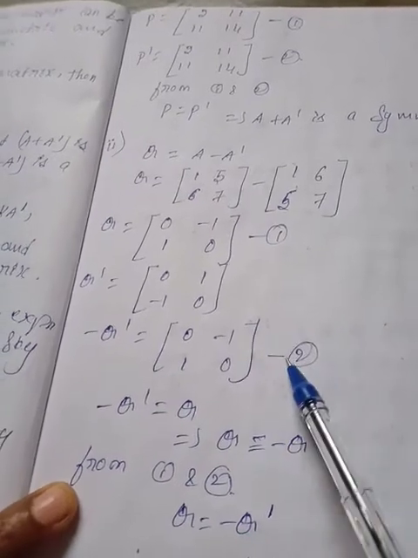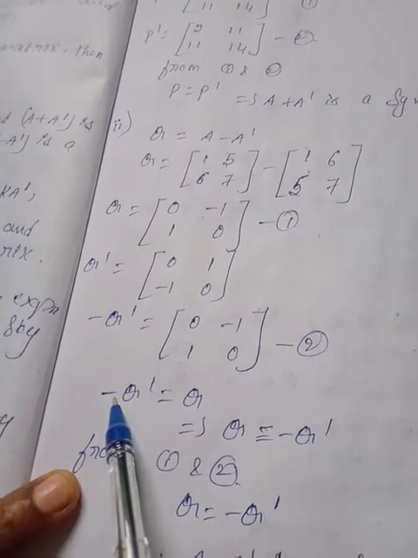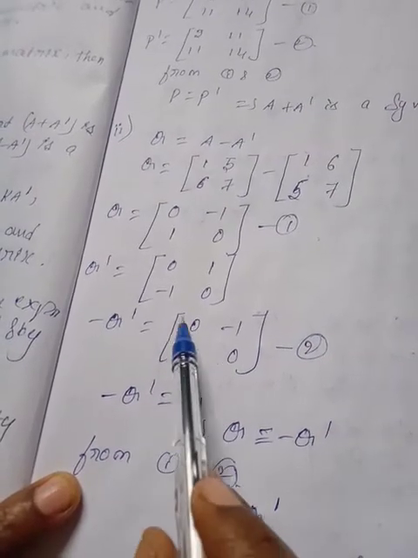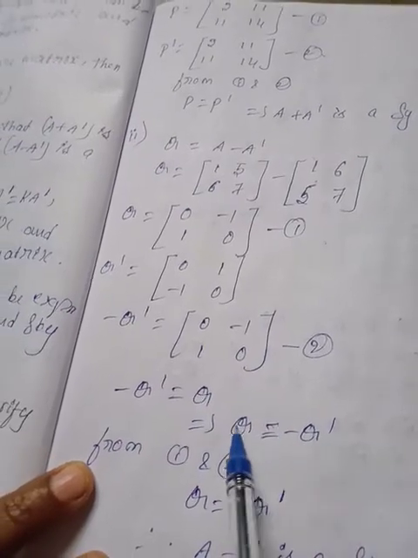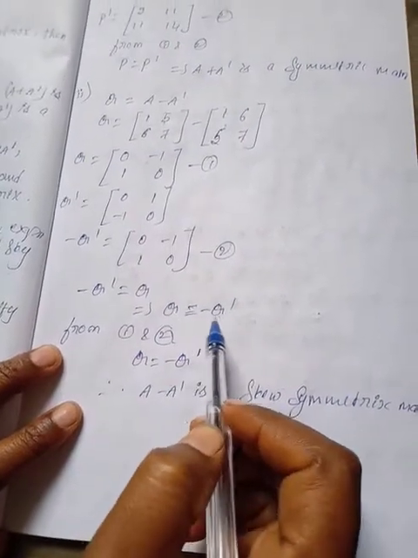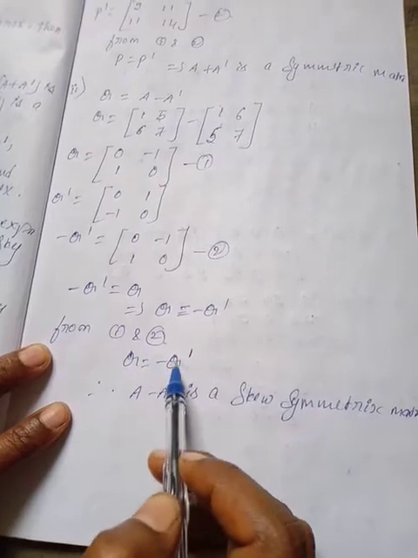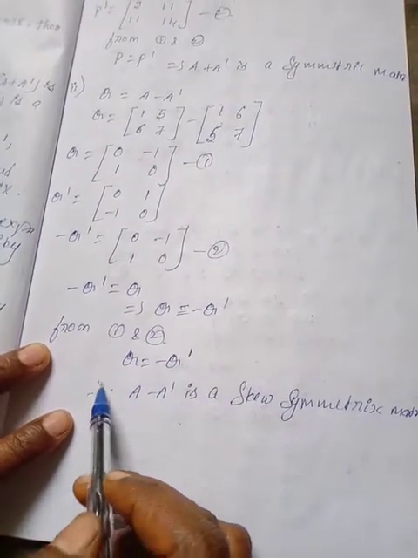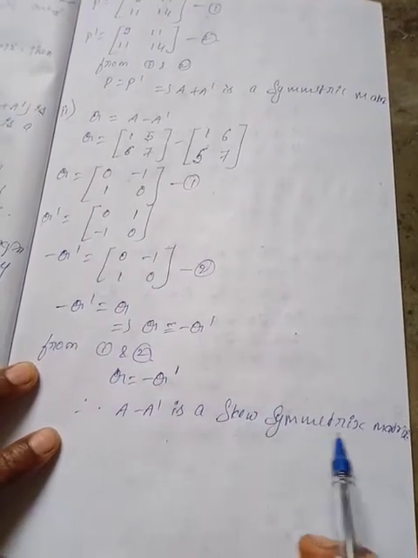Equation 1 and 2, see all the elements are equal. That is, minus Q transpose is equal to the value of the Q matrix. So Q is equal to minus Q transpose. This is the condition of a skew symmetric matrix. From equation 1 and 2, Q is equal to minus Q transpose. So the given A minus A transpose is a skew symmetric matrix.